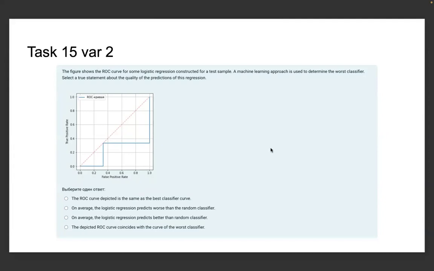Okay, come on. I cannot solve it, but I have a question. How can we understand that this regression is better than the random classifier? What shows us that this is better or worse than the random classifier?